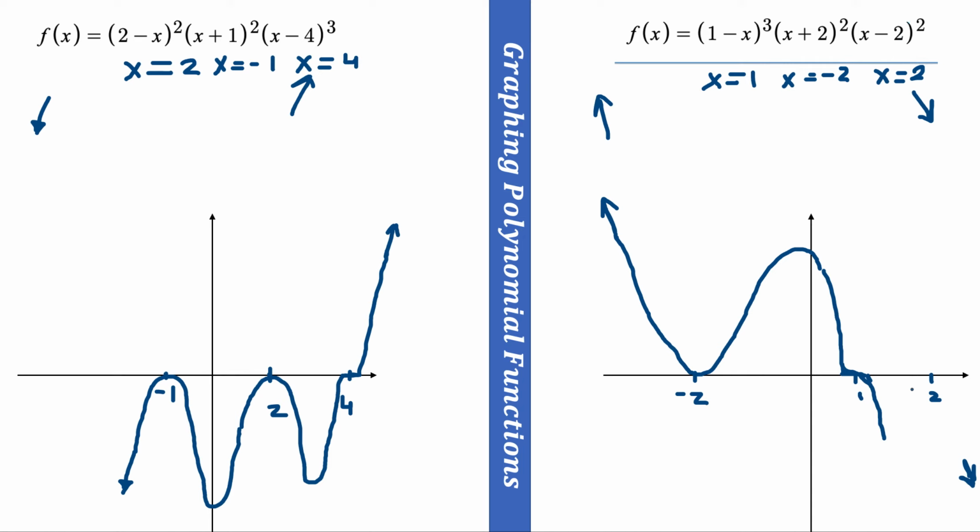When it's even, it's just going to touch it here and the graph of the function bounces back. And now it's just going here and bounces down. And it connects with the end behavior here. So this is the graph of the function f of x equal to (1 minus x) cubed times (x plus 2) squared times (x minus 2) squared.